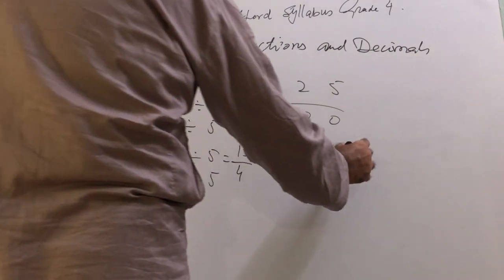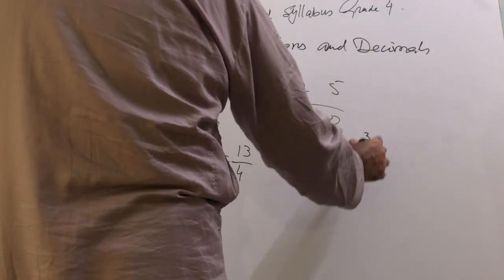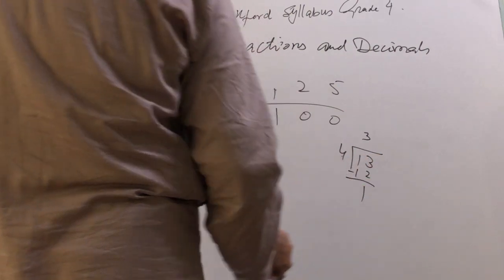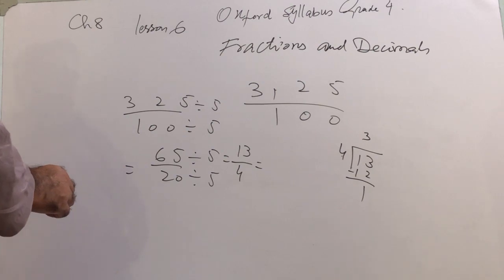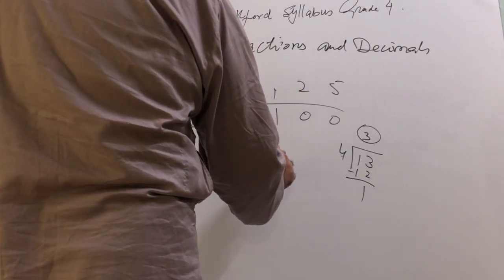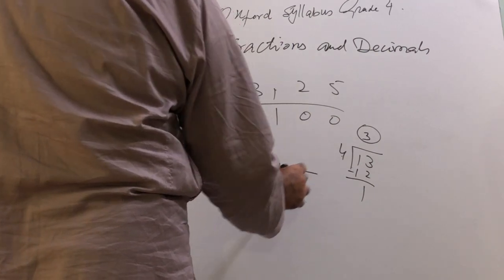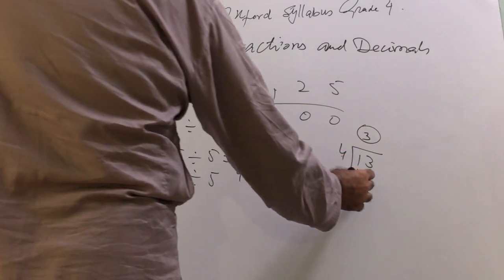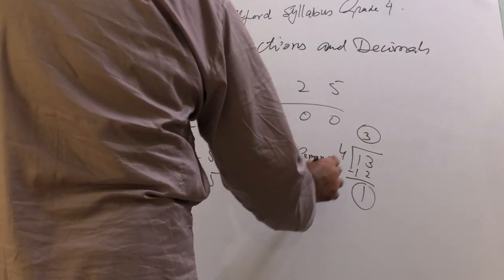Now this 13 over 4, we can do like this. 4 3s are 12, remainder 1. How to write it in mixed form is that your answer is written like this. Put this fraction symbol. This is the remainder, put the remainder here.